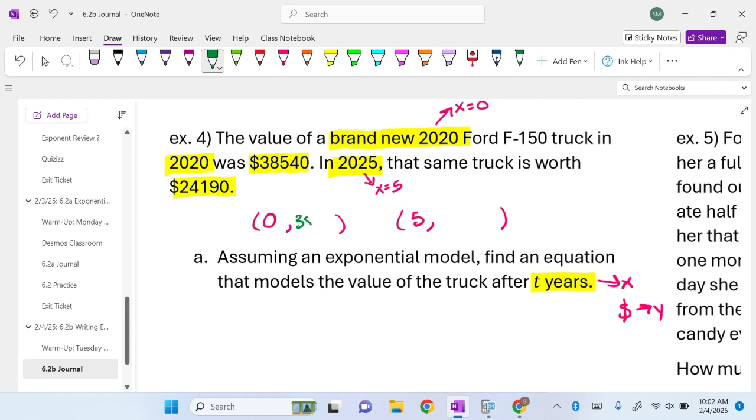That's my y value. So after 5 years, what's my y value? So this will be 24,190. So guess what? There are my 2 points. Now I have to find a line between them.